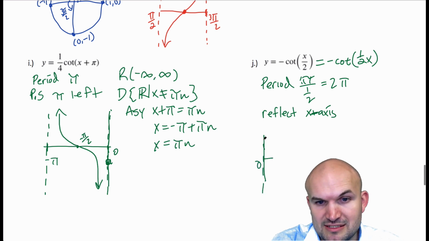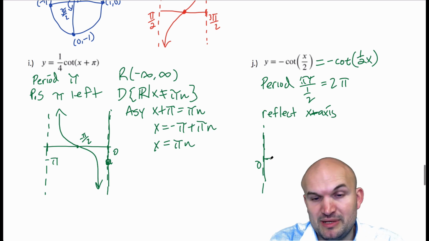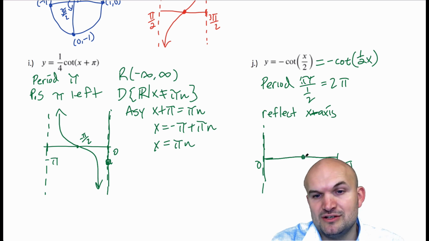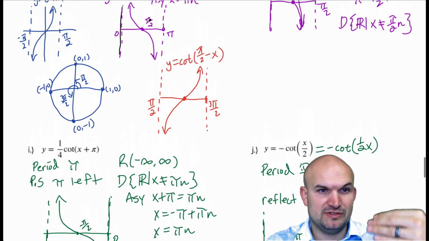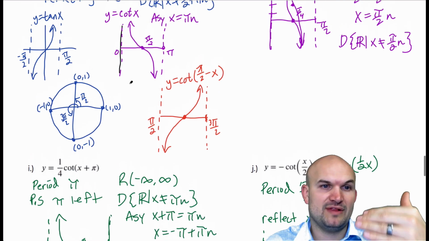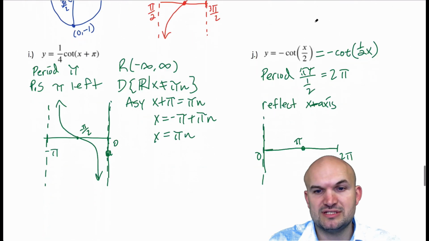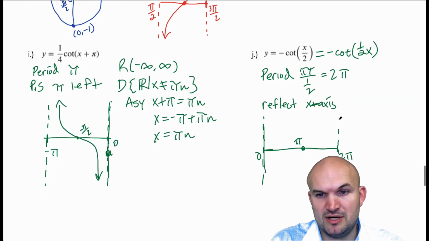There's still a vertical asymptote at 0. But instead of the graph repeating a period from 0 to pi, it's now going to repeat a period from 0 to 2 pi. So therefore, I know my intercept is going to be at pi. And if you take this initial graph and reflect it about the x-axis, you can see that it's going to take the shape of the tangent graph.